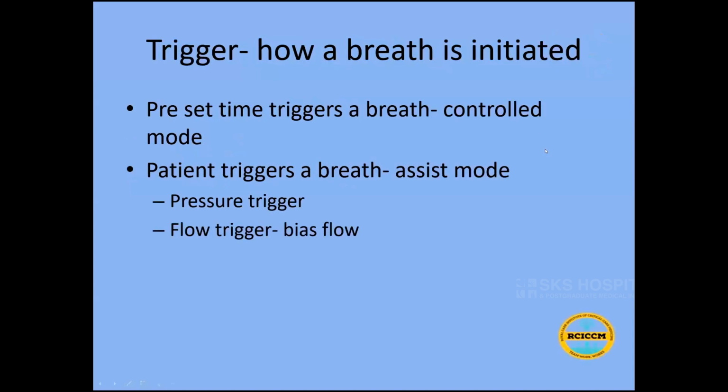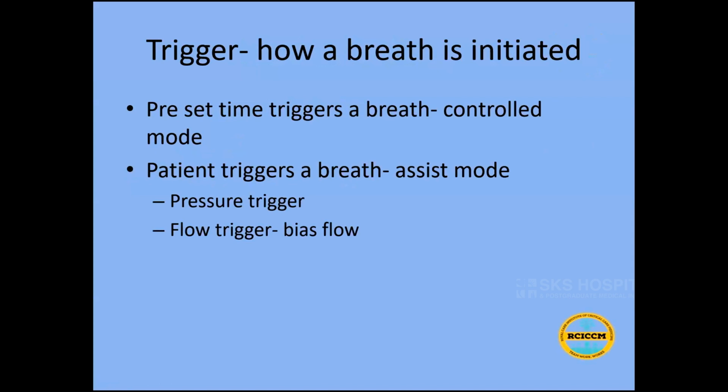A trigger is how a breath is initiated. For instance, in a control mode, the breath is triggered after a preset time. In an assist mode, the breath is triggered by a pressure, or it can be a flow trigger as well.